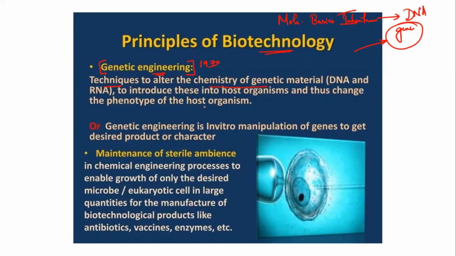And this altered DNA is introduced into a host organism like bacteria, and it changes the phenotype of the host organism. So when this particular gene of interest or the desired gene is transferred to a particular organism, its phenotype will be changing.